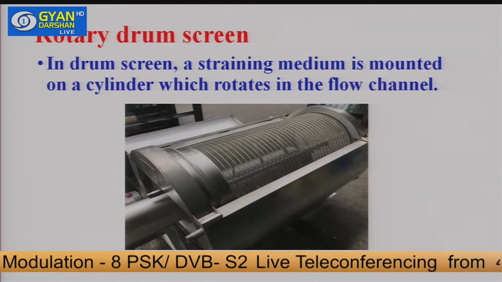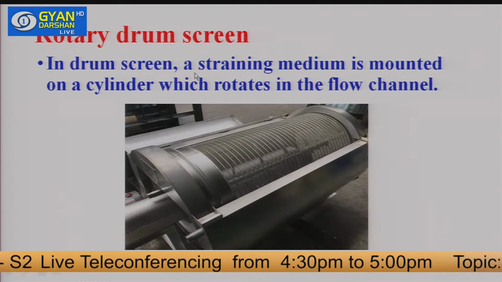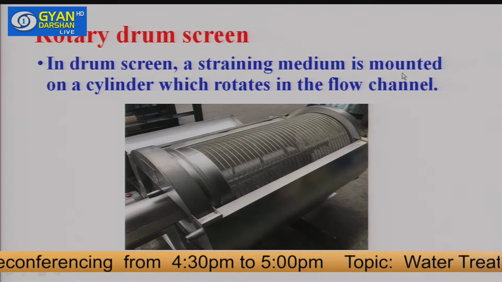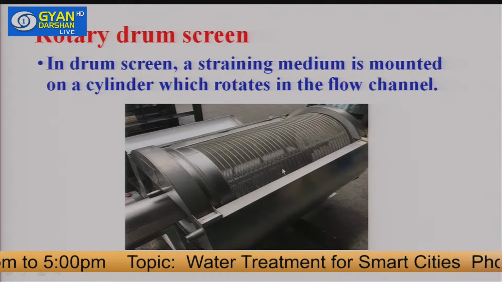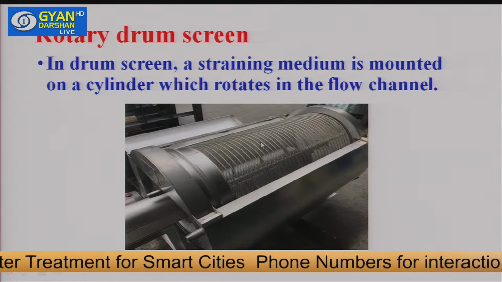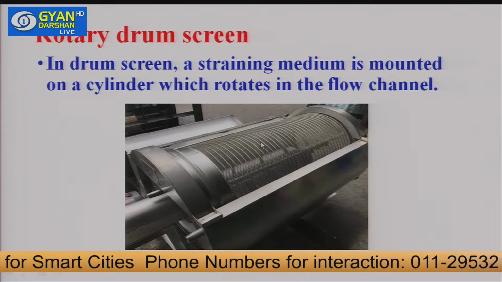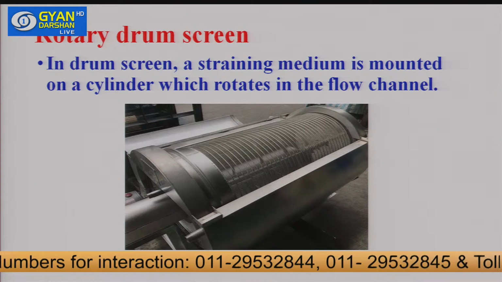Here you see the rotating drum screen. In this drum screen, a straining medium is mounted on a cylinder which rotates in the flow channel. There is a drum, and the screen is mounted on it, and it rotates in the water channel.